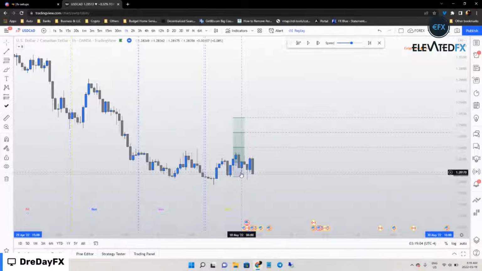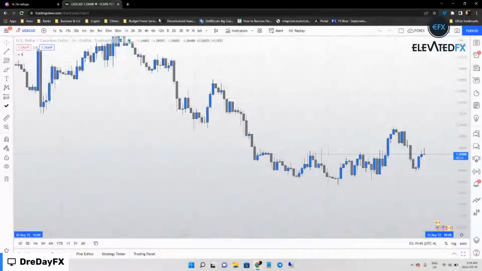The price here was 1.28170 and 1.2808, so that's basically 9 pips difference. Depending exactly on your lot size and your risk, it's a big difference to secure more pips, more equity in your account. Okay, so let's close it out.